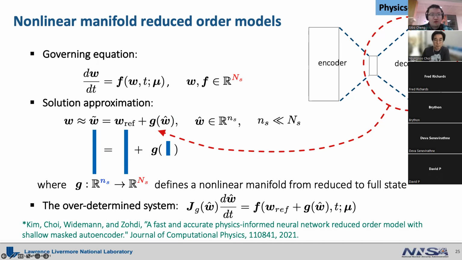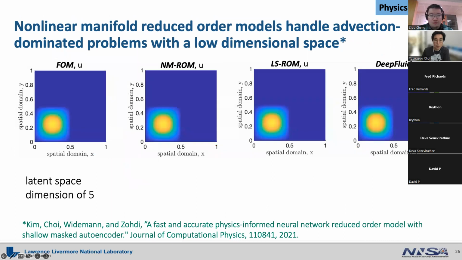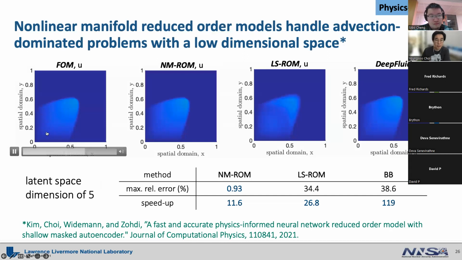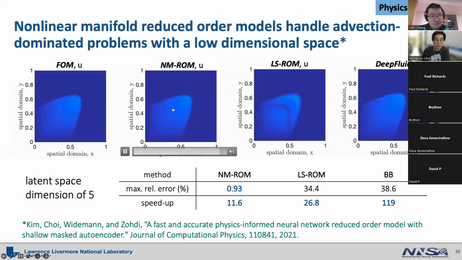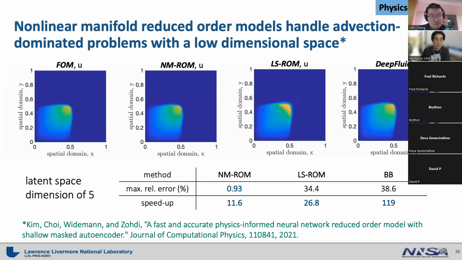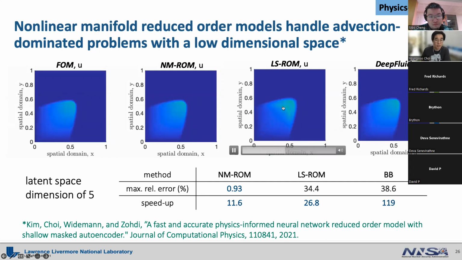Okay. So the additional form actually comes from the neural network reconstruction, right? Yeah, exactly. As you know, the neural network has a lot more expressibility than the linear subspace. So even though this is an advection-dominated problem, the nonlinear manifold solution representation, which uses the neural network, is doing much better than the linear subspace solution, where the fictitious front is showing.